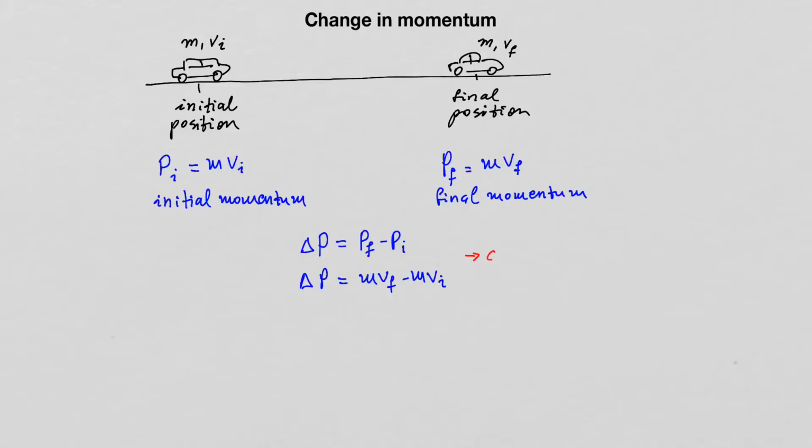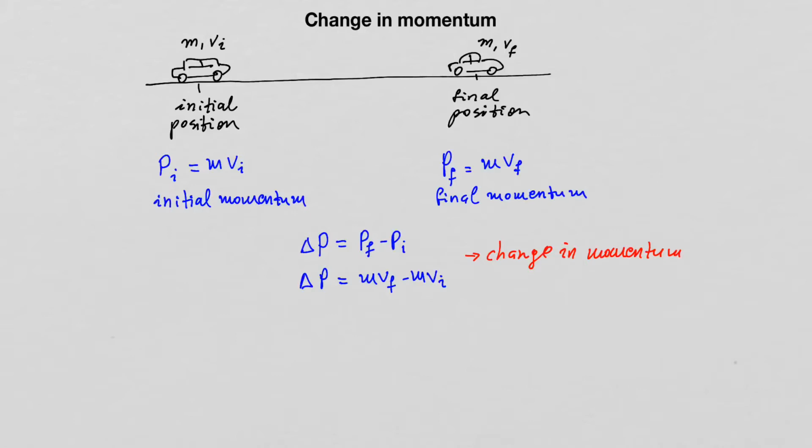And so this is the change in momentum. So I can calculate the change in momentum for any object that's in motion as long as I know its velocity at any moment of time.